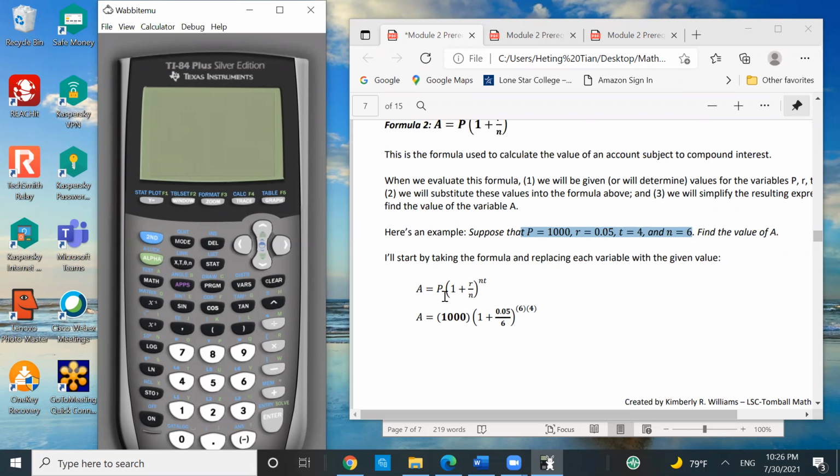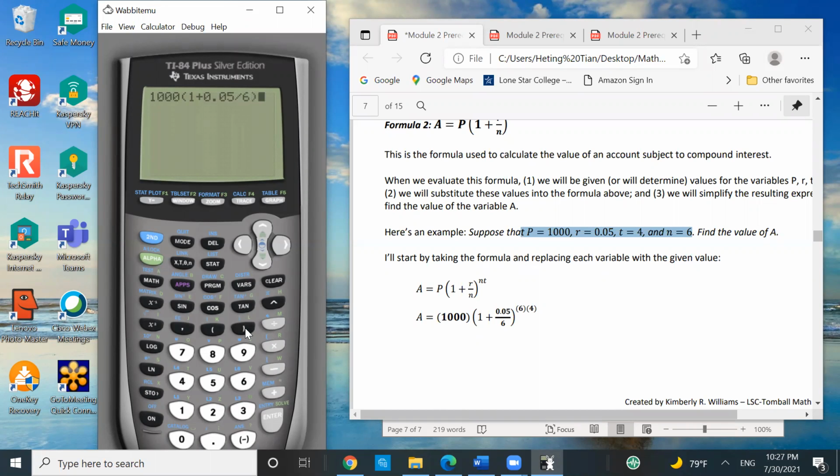So P is 1000. I click 1000. 1000 parentheses, because here has parentheses. 1 plus R over N. R is 0.05, divided by N is 6.